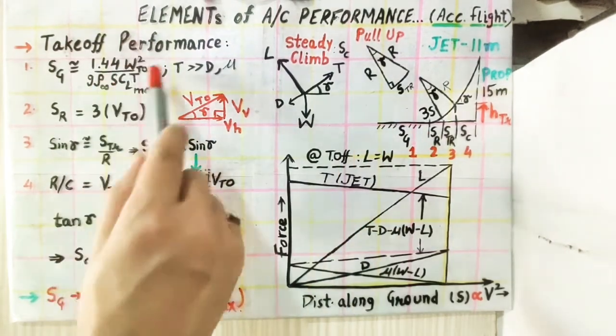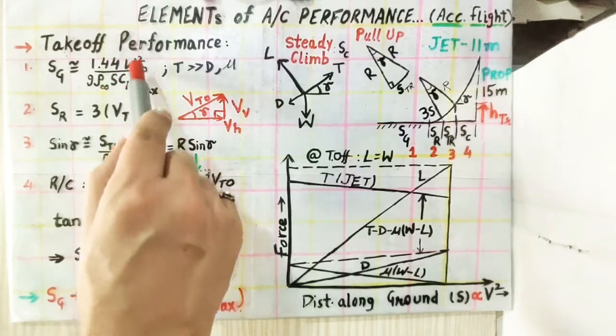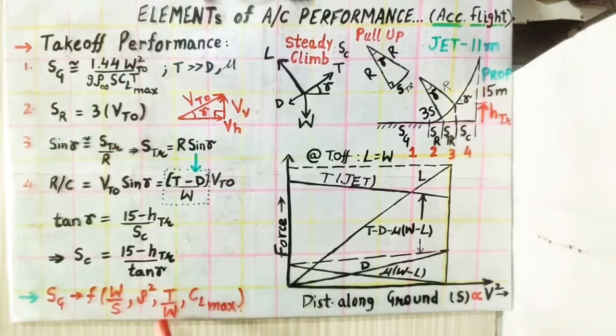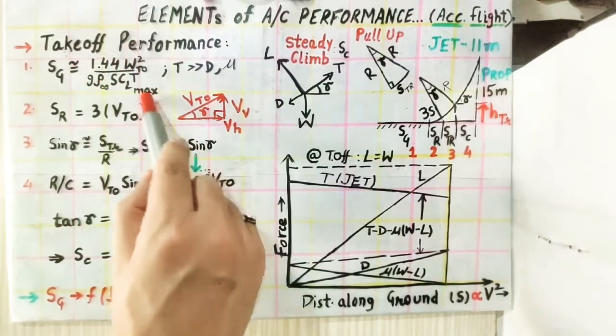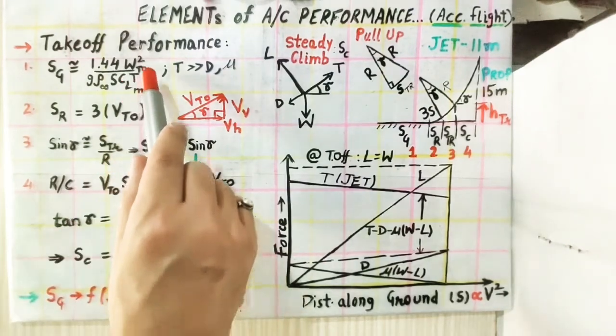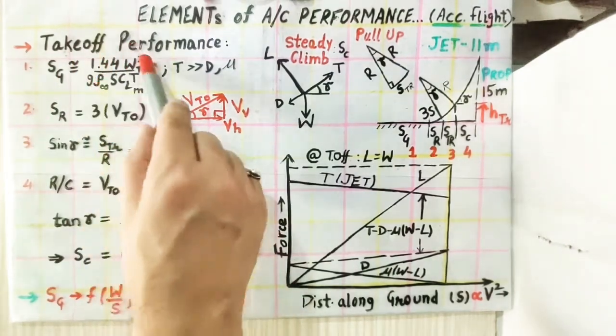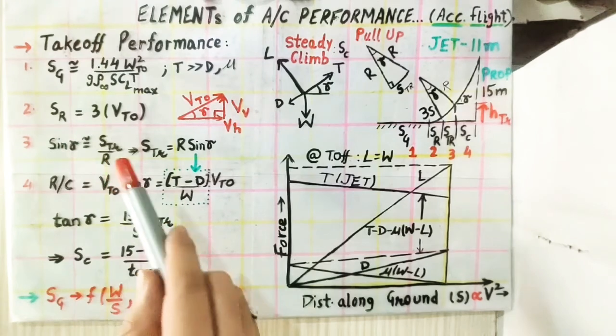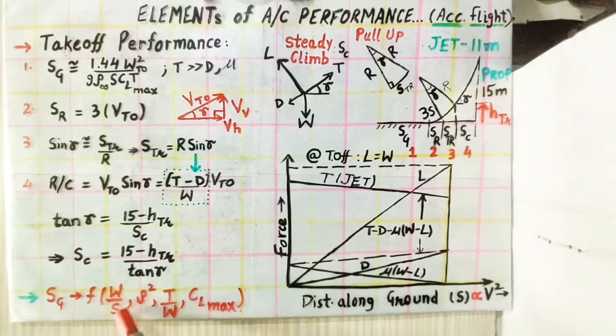Okay, and if we observe this more clearly, we will see that SG, the ground distance, is a function of W by S. If we take W down with T by W, we will have W by S and T by W in the denominator. If W by S is higher, then SG will be higher. Or say when the planform area of the aircraft is less, then SG will be high.